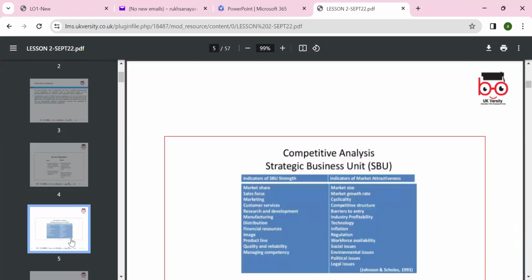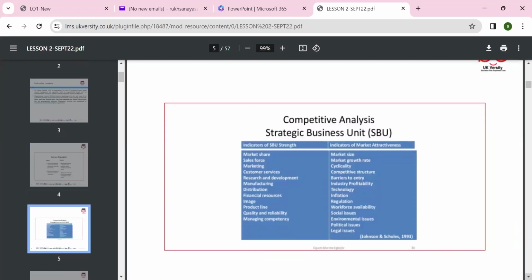Okay, and then we have SBU, strategic business unit. So SBU can be market structure, sales force, marketing, customer service. So each SBU has these separate activities. Indicators: market attractiveness, market size, market growth rate, like what is the small cars market growth.